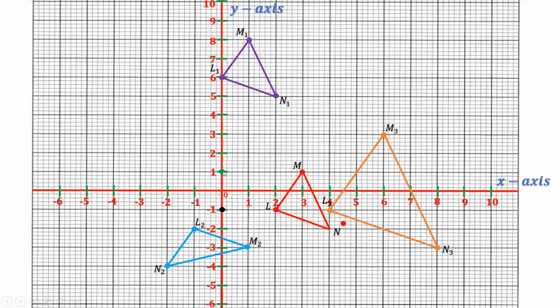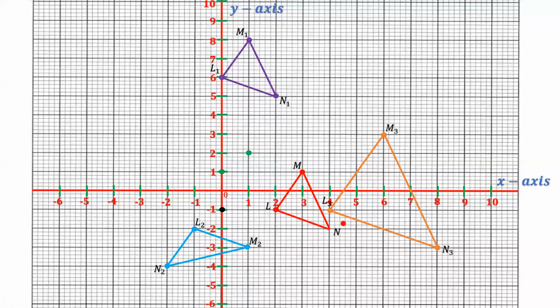And our next point, remember we go up 1 and we go across 1 because rise is 1 and run is 1. So you're starting from the y-intercept, which is 1. You go up 1, and then you go across 1. And so the next point is going to be right here.